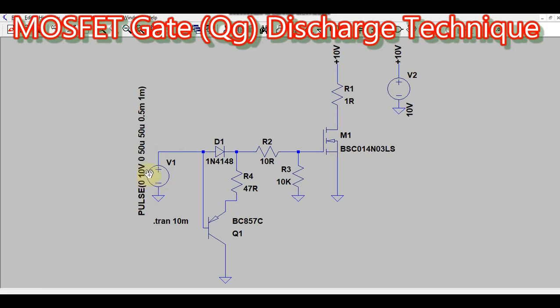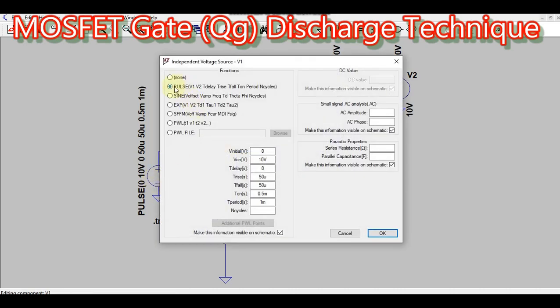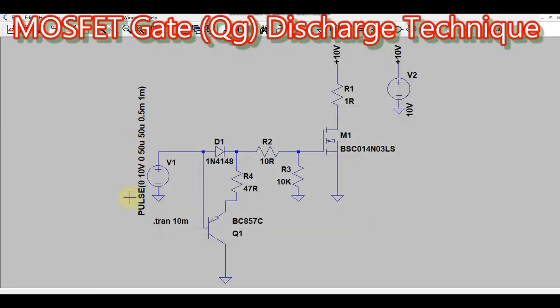This is the pulse signal: on voltage is 10 volt, rise time is 50 microsecond, fall time is 50 microsecond, T on time is 0.5 millisecond, and time period is 1 millisecond. So in place of any gate driver, I used a pulse generator, right?